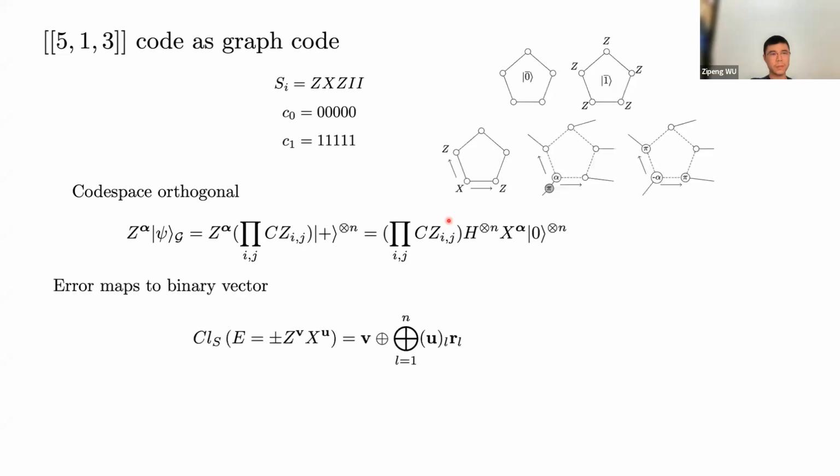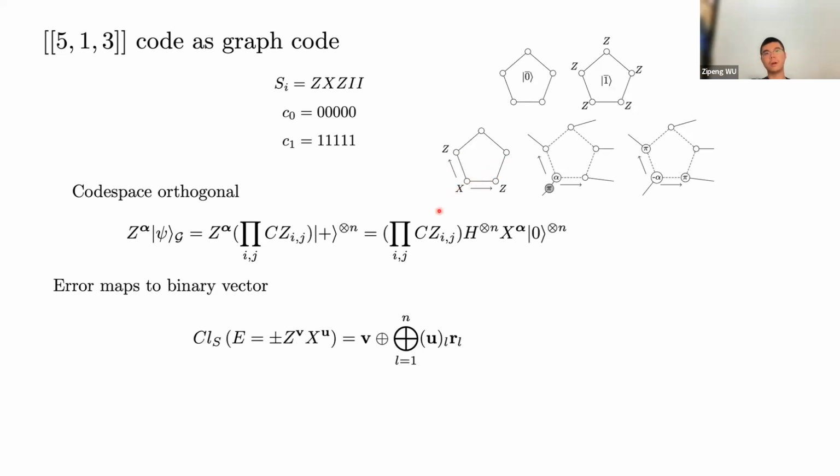So let's consider how a single-qubit error acts on this kind of graph code. As you can see over here, suppose I have a single Pauli X error acting on this graph code. We will use the graph state first. The graph state is stabilized by XZ, right?